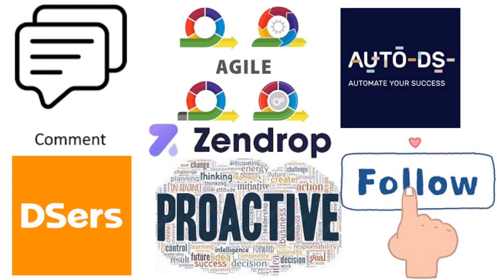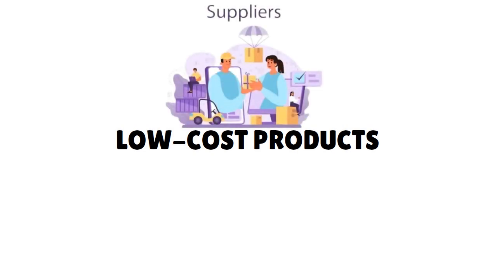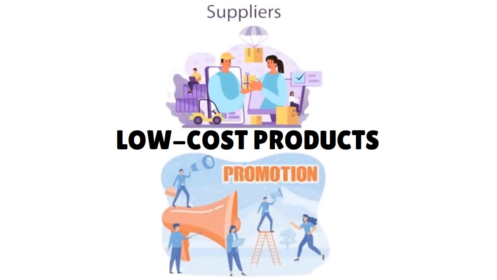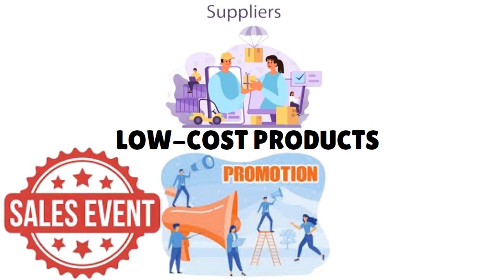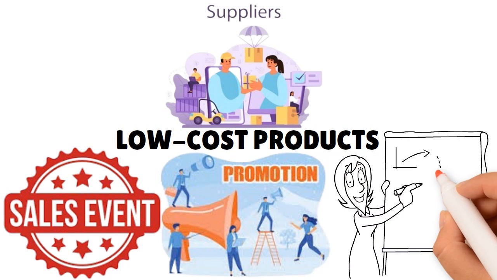The cool thing is that if you want to start your dropshipping business with limited funds, you need to go for low cost products. Don't go for any kind of products. You want to compare prices across different suppliers, and you need to stay alert to platform promotions and sales events. If you implement those three strategies, you are good to go.